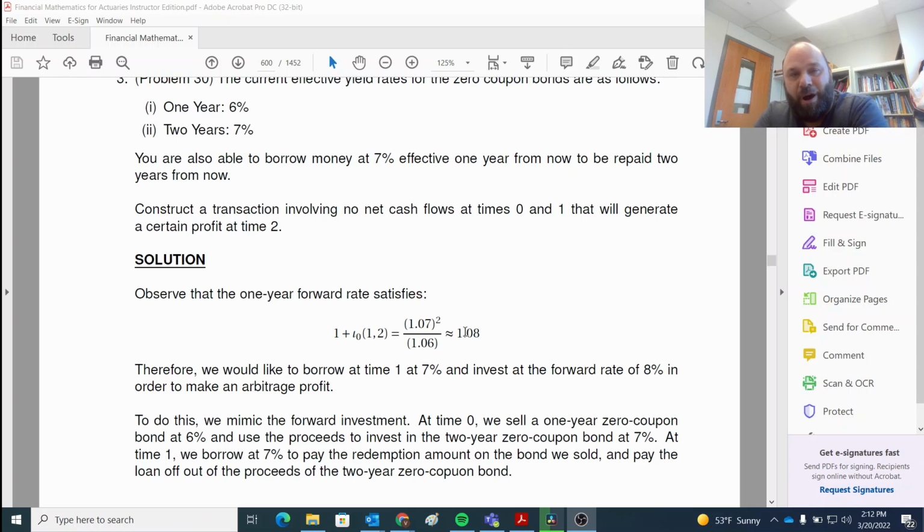Then we pay off what we borrowed when we get repaid from the 2-year zero coupon bond we purchased at 8%, and we will certainly have some left over. In other words, let's say that we've mimicked investing 100 at time 1 and getting back 108 at time 2. We only owe 107 at time 2 because we borrowed at 7%. You see how that works? We synthesize the forward investment using the implied rates so that we get the 8% return, but we borrowed the funds to perform the synthetic investment at the lower rate.